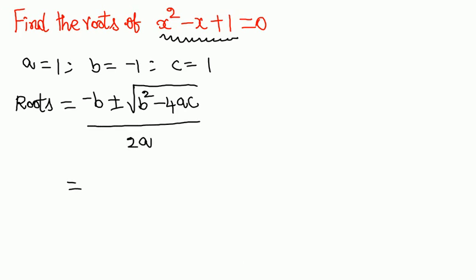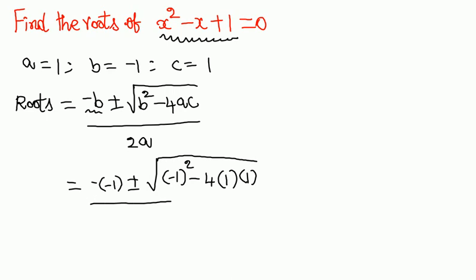So now here the b value is minus 1. Here we need to write minus b. So minus of minus 1 plus or minus square root of b value minus 1 whole square minus 4 into a value 1 into c value 1, whole divided by 2a.